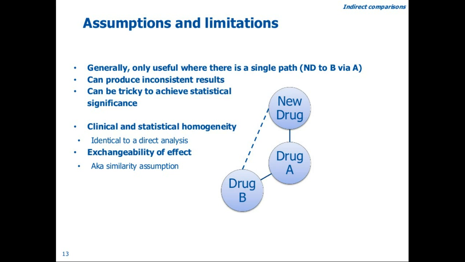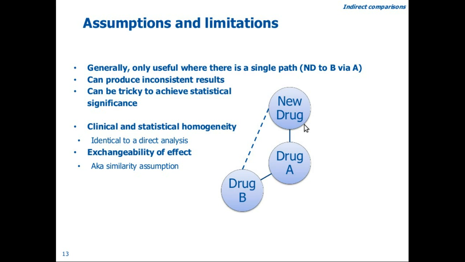Okay, now there are some fairly obvious, for the most part, assumptions and limitations to these methods. They're relatively simple and they can really be derived by thinking about the way that we're treating our data. So if we start with our limitations, first of all, if we have multiple paths that can provide our estimate, for example via drug C as well, so if we had another drug here and our new drug was compared to drug C and we could go via that, then we don't know which path to use.